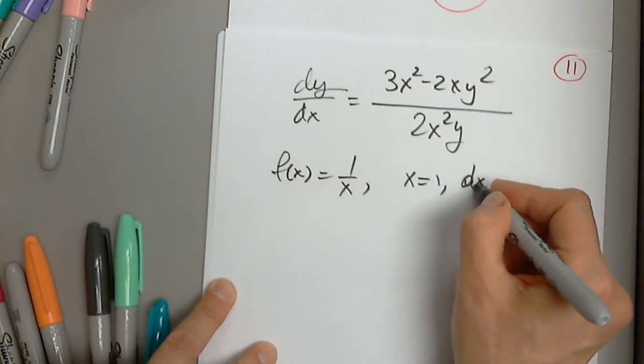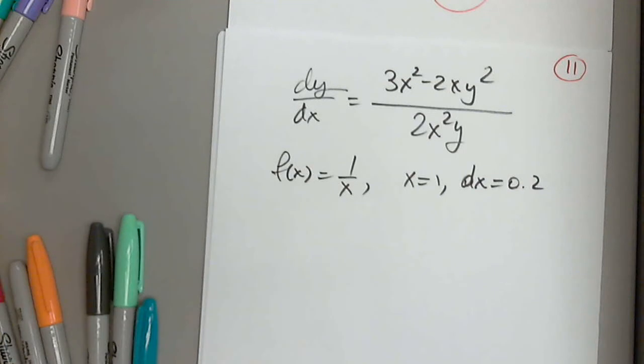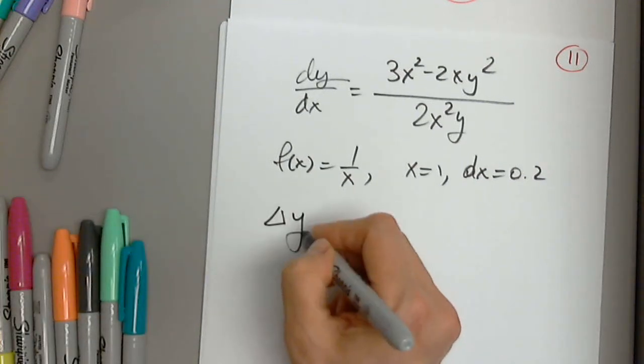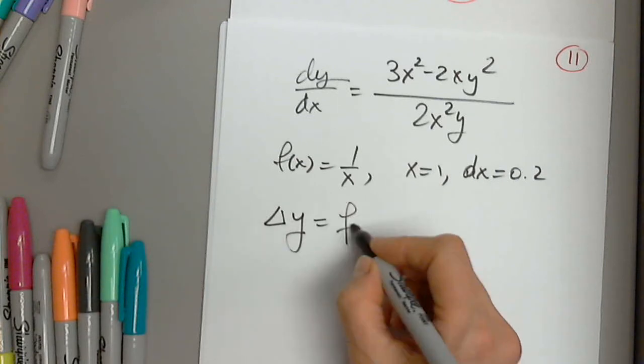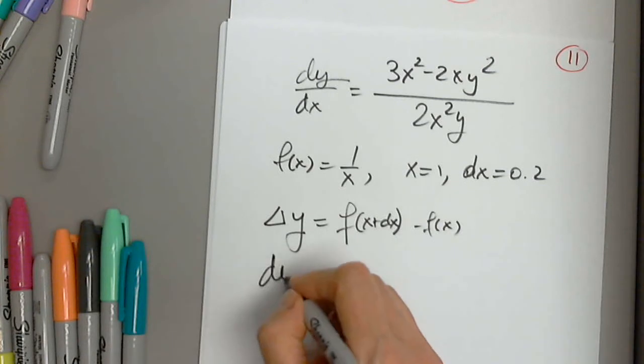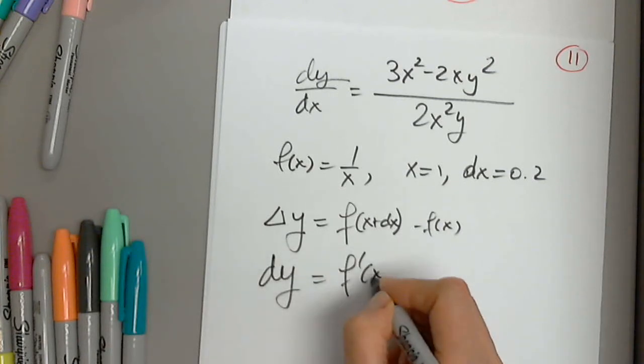Okay, so remember we are asked to find delta y, which is always f of x plus dx minus f of x, and dy, which is always f prime of x dx.